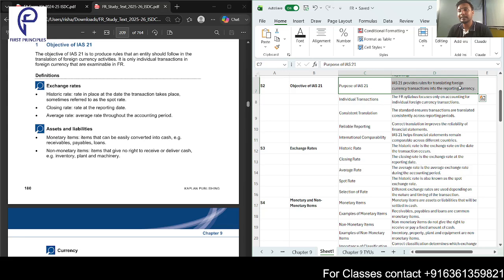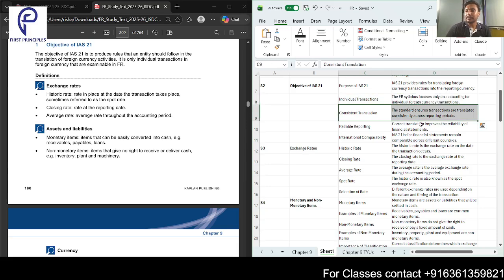All the translation that goes into that, how Arpita's £10 has become 1,260 in my books, the rules around that translation are given by IAS 21. Okay. So the FR syllabus focuses on individual transactions only. In SBR, when you reach there, you will see there will be more group accounting involved. There will be a parent and subsidiaries, and there might be more subsidiaries involved rather than individual transactions. In FR, it's very easy because it's only individual transactions. Okay.